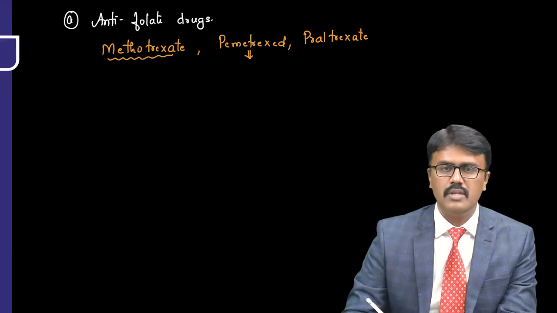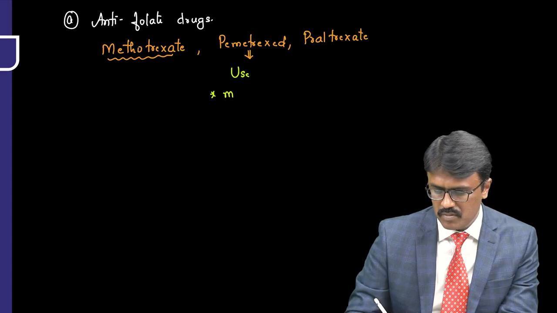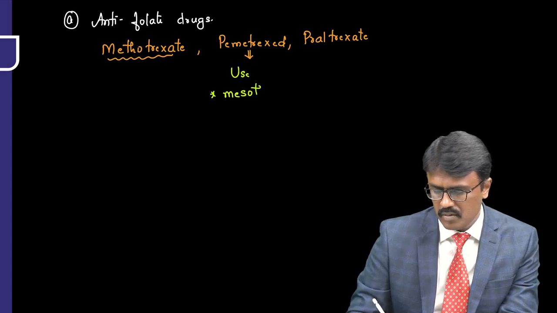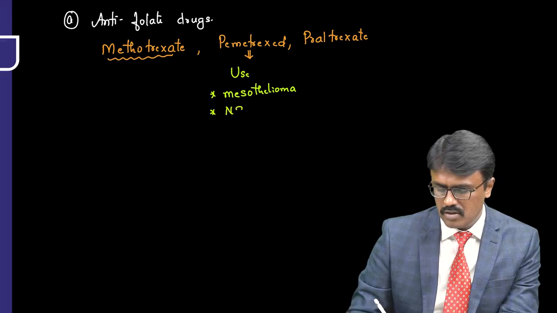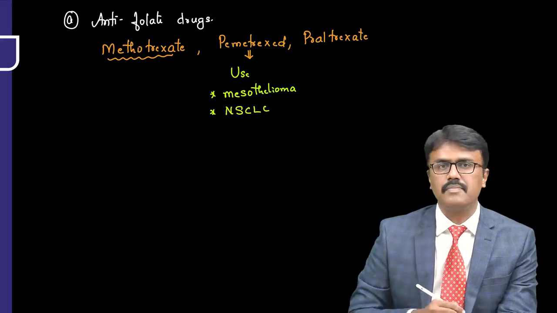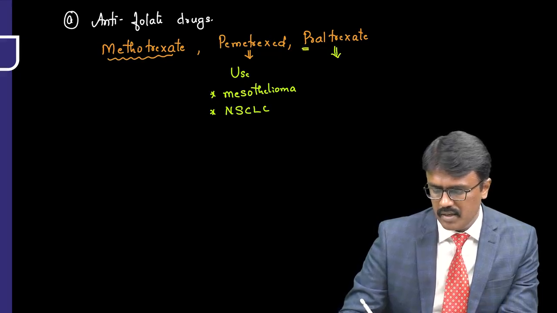Pemetrexed is used in the treatment of, let me write the use, mesothelioma, and one more condition is non-small cell lung cancer. Pralatrexate, remember it starts with P, is used in peripheral T-cell lymphoma.